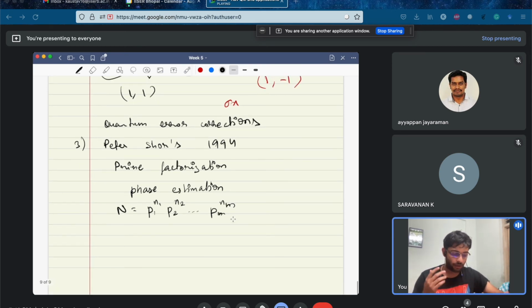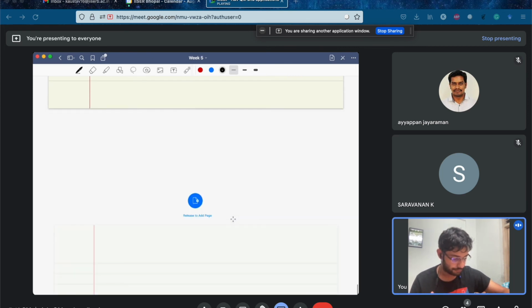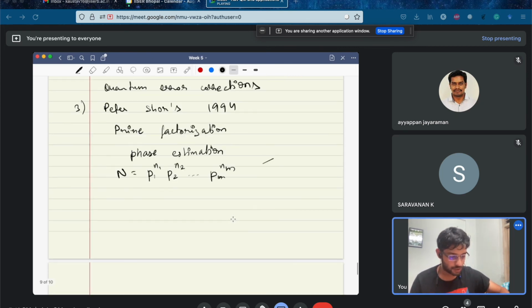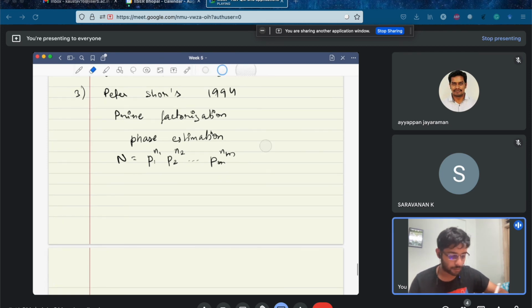Now you must have heard that prime factorization was one of the most important unsolved problems during the Second World War, or the First World War, I think, when Ramanujan was himself solving such complex problems, right? So in the classical case, it actually takes exponentially.